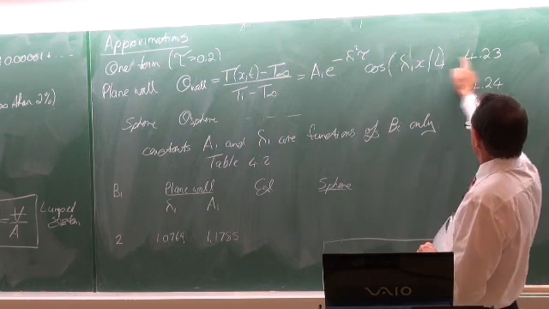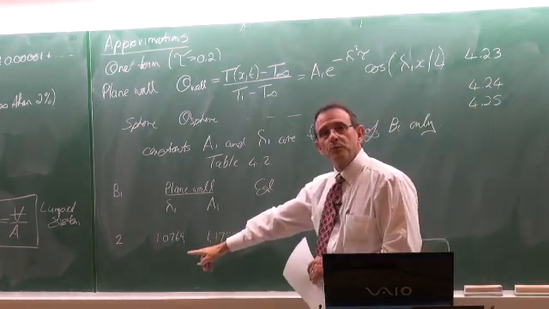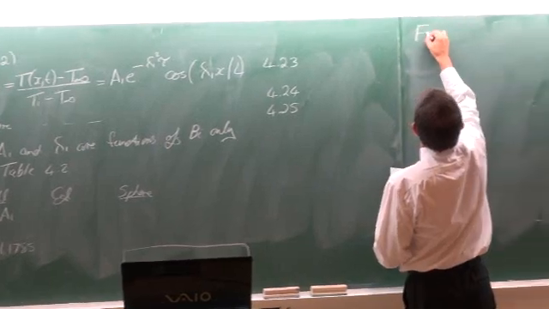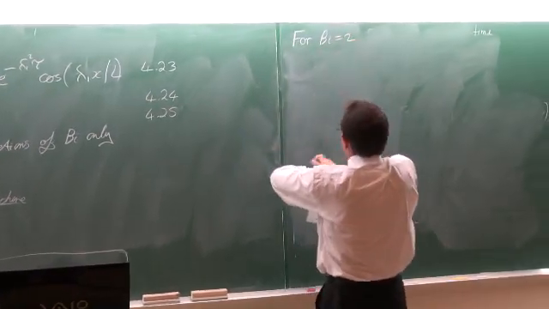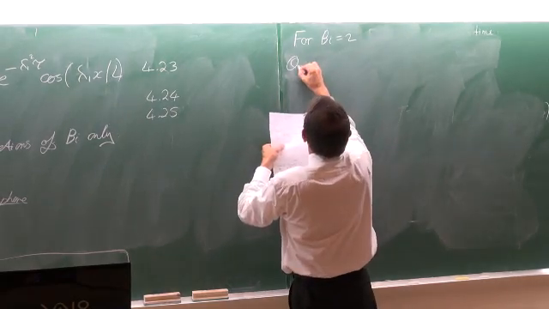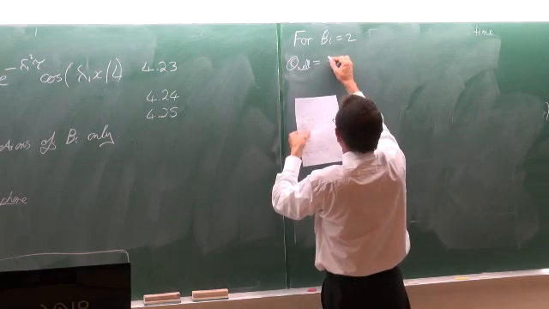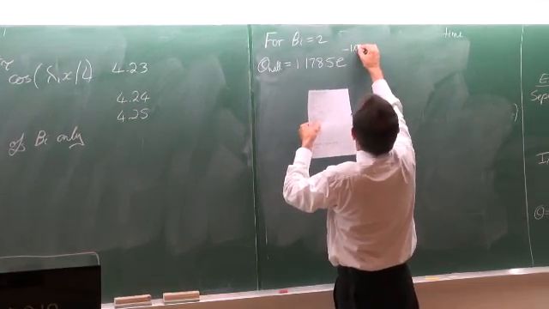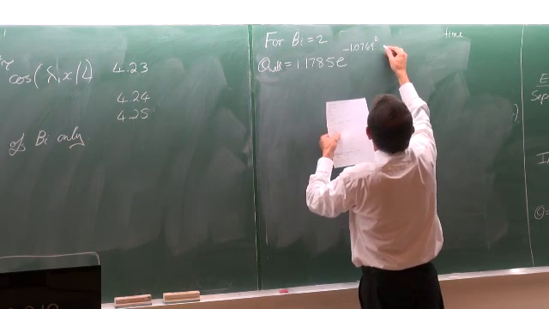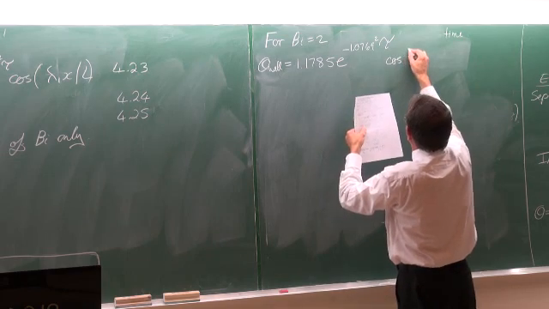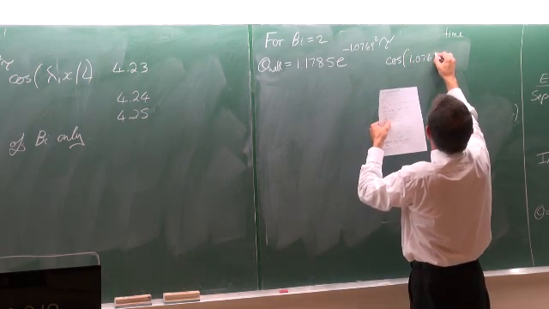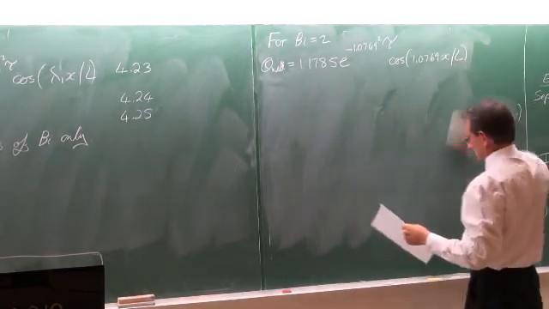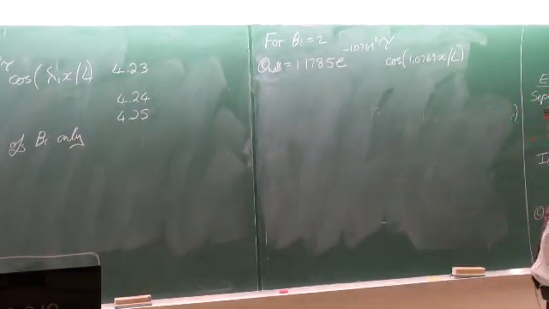So if we look at equation 4.23, and we've got a problem where the Biot number is equal to 2, we can say for a Biot number equal to 2, the non-dimensionalized temperature through a plane wall would be equal to 1.1785 e to the minus 1.0769 squared multiplied by tau multiplied by cos of 1.0769 x divided by L. Do you agree?